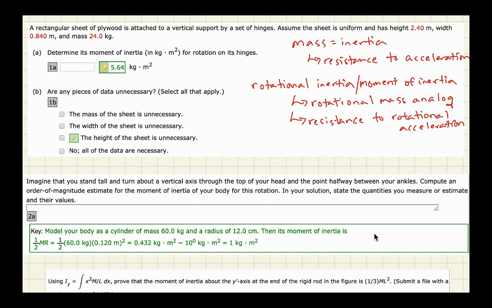And it's denoted with a capital I. And that is proportional to or affected by two things. Thing number one is the overall mass of the object.